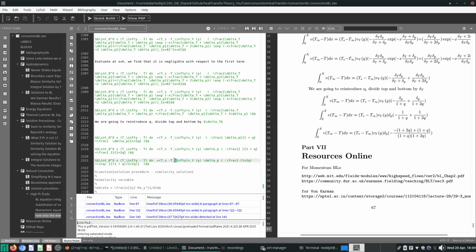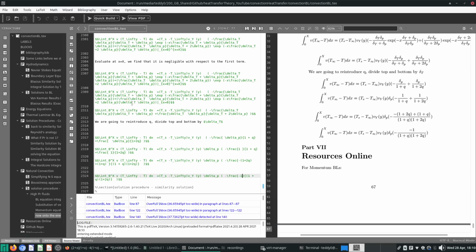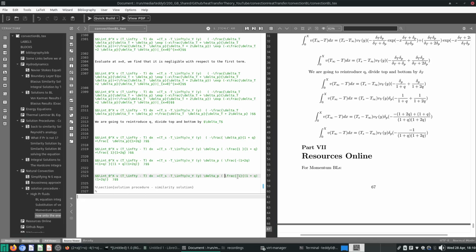Okay, there will be a minus q on top. Yeah, and that will be our integral. Well, there are two minus signs here. Let me get rid of the extra minus sign. And we'll have a minus q on top, not minus 1.